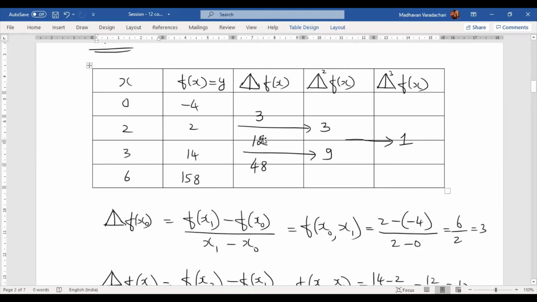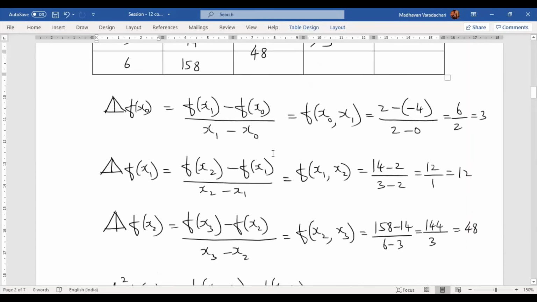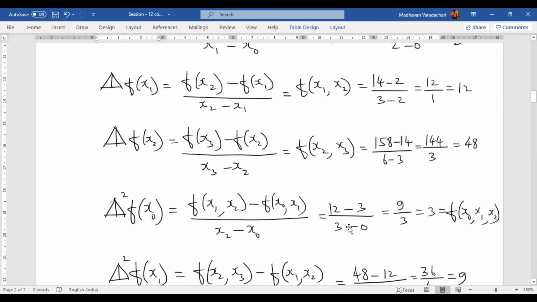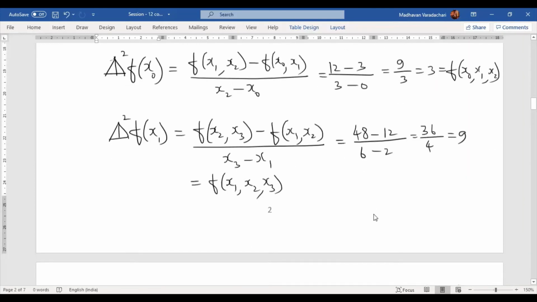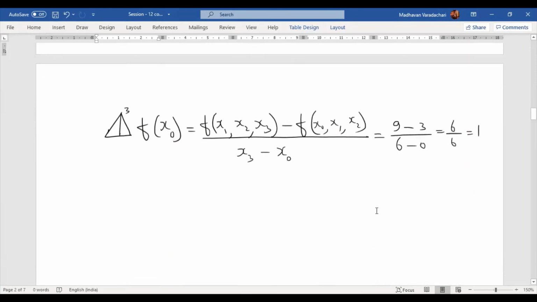If you look into this 12, 12 minus 3 I write in the numerator, but for the denominator I should consider the number next to 12, that is this 3. For 3 I should consider this 0, so 3 minus 0 will come in the denominator. Directly you can do it without writing all this.